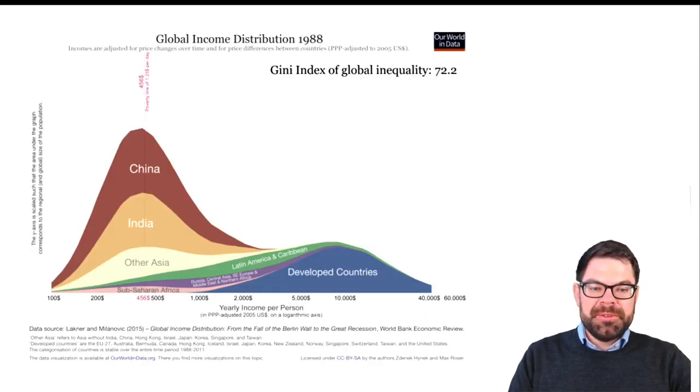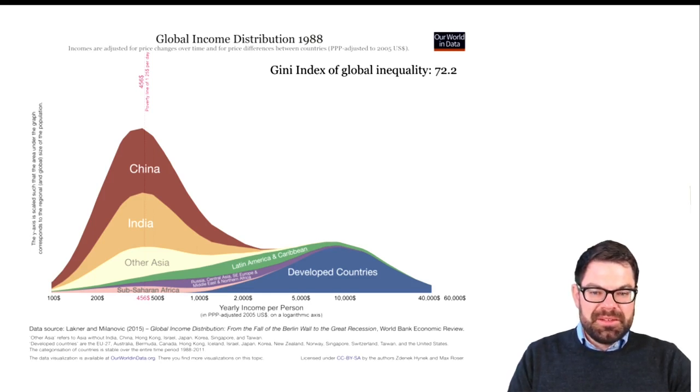Also, one of the myths that you oftentimes hear is the world is becoming more unequal. The rich are getting richer, the poor are getting poorer. And while the rich getting richer, the poor getting poorer may be true in some places, globally, this is actually not necessarily the case.